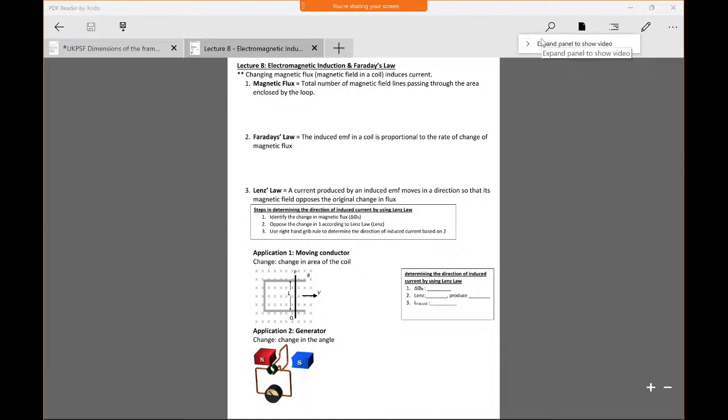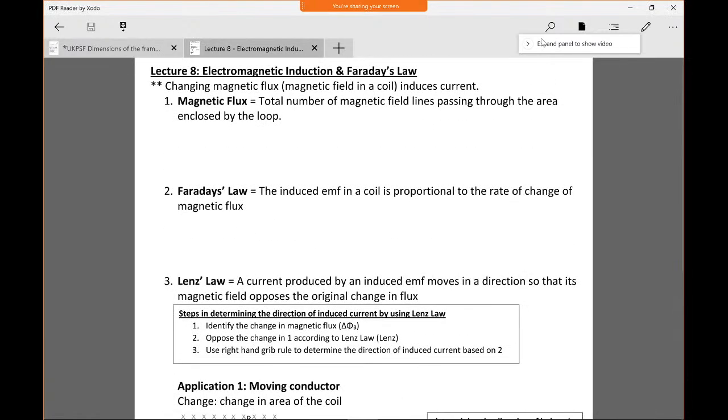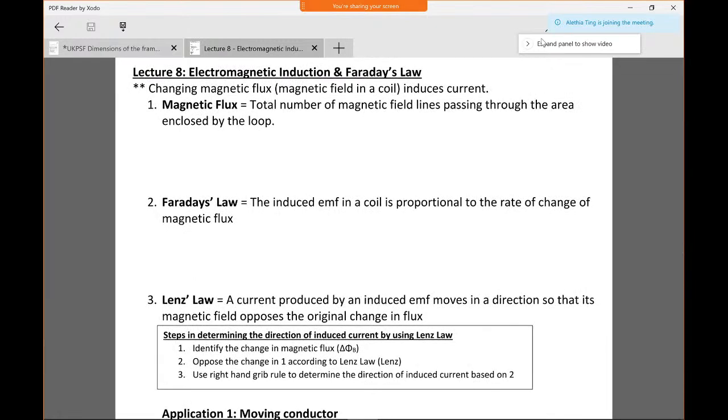So we will be going through the summary and at the same time we will be looking at the exercises in the tutorial worksheet. What you have to do now is open the two files, the summary notes and the worksheet, together. When we talk about a certain application, we will jump over to do the calculation.